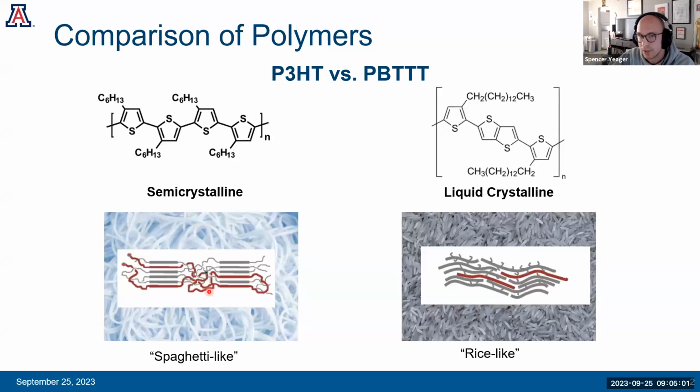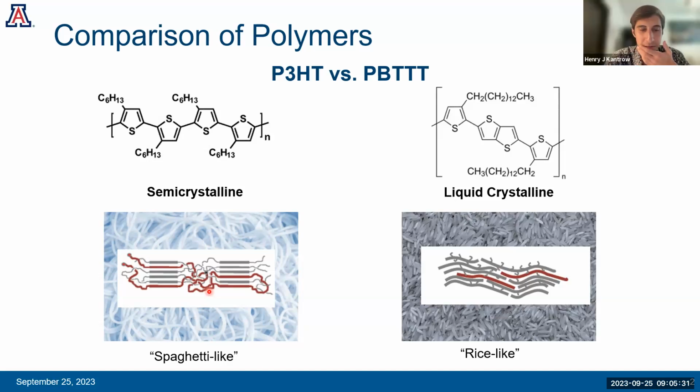One way of describing it is spaghetti-like for P3HT, having long interconnected backbones for charge transport to occur. And then PBTTT is more rice-like, where it has shorter order in its backbone to facilitate charge transfer. Is there anything you want to correct me on, Henry, with that?